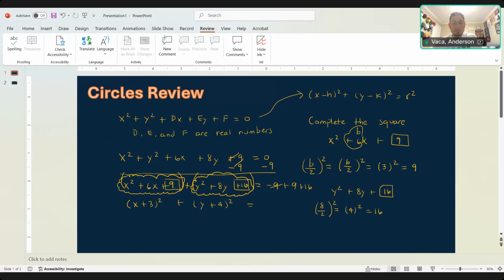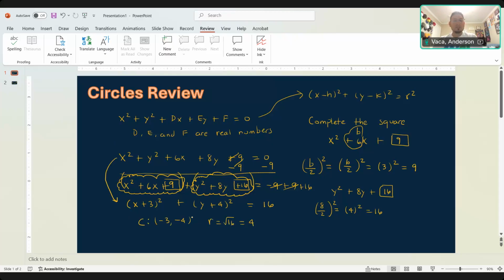And on the other side, we see that the result is 16. Voila, we have taken this equation that was in its general form and we have transformed it into the center-radius form, because now we can say that the center is -3, -4, with the radius of the square root of 16, which is equal to 4.